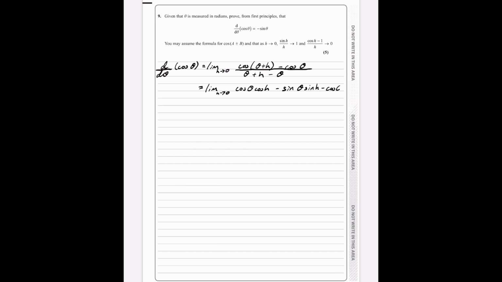That's all over h. At this point, we can split this up into two separate parts. So we've got two cos thetas. So we've got cos theta, factorising out of cos theta, it would be timesing by cos h minus 1 for the cos theta at the very end, all over h.